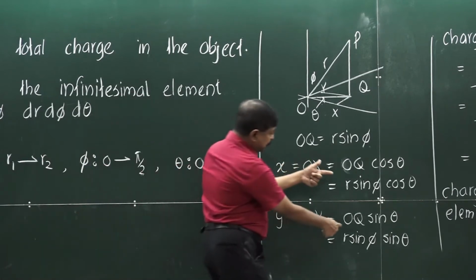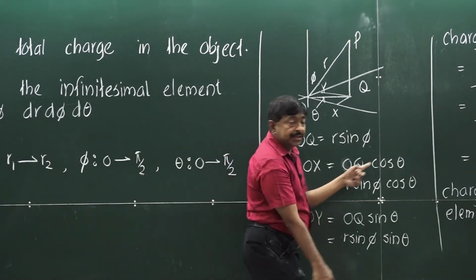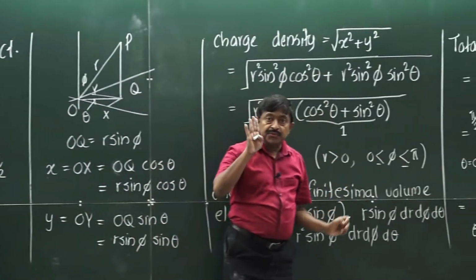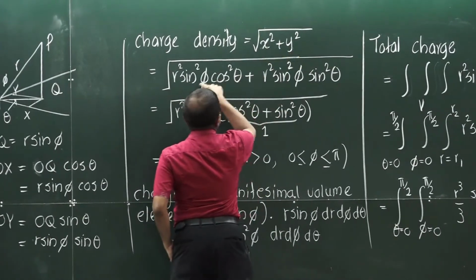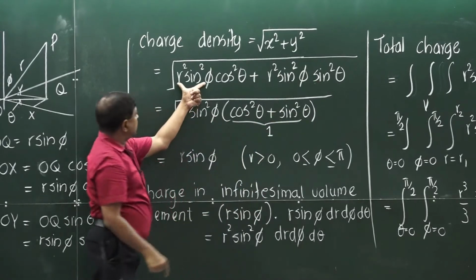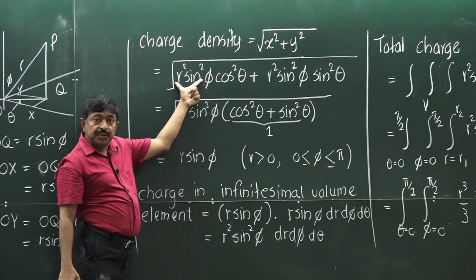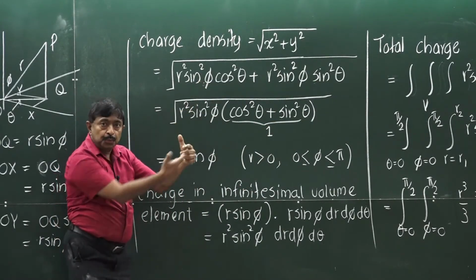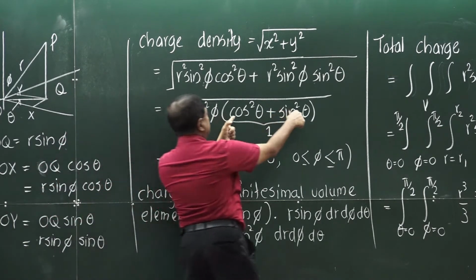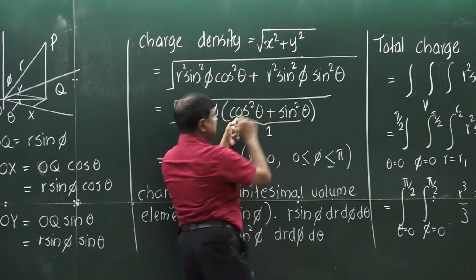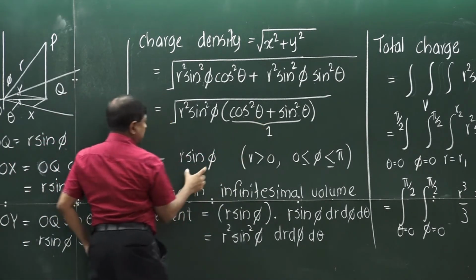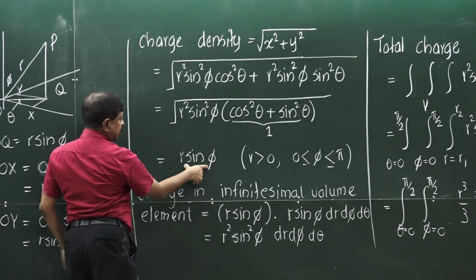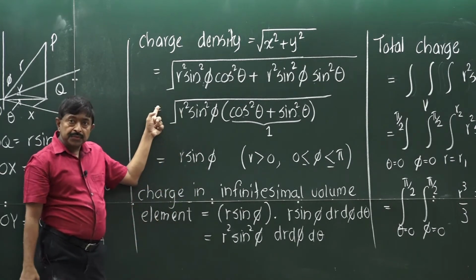Now, when we use these two to find the charge density in spherical polar coordinates, you can plug in these. You can see that r squared sin squared phi is common. You pull it out, you will end up with cos squared theta plus sin squared theta in the parentheses, which is 1. So, you get the square root of this. Remember, the square root is always positive.